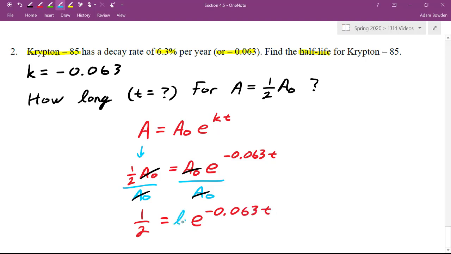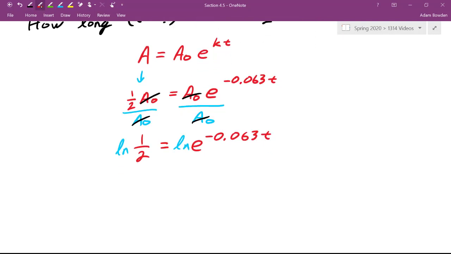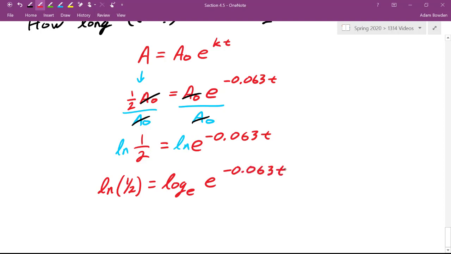We can then take the natural log of both sides. So we have ln of 1/2 equals log base e of e raised to the negative 0.063t, for which we can cross out the ln and e.